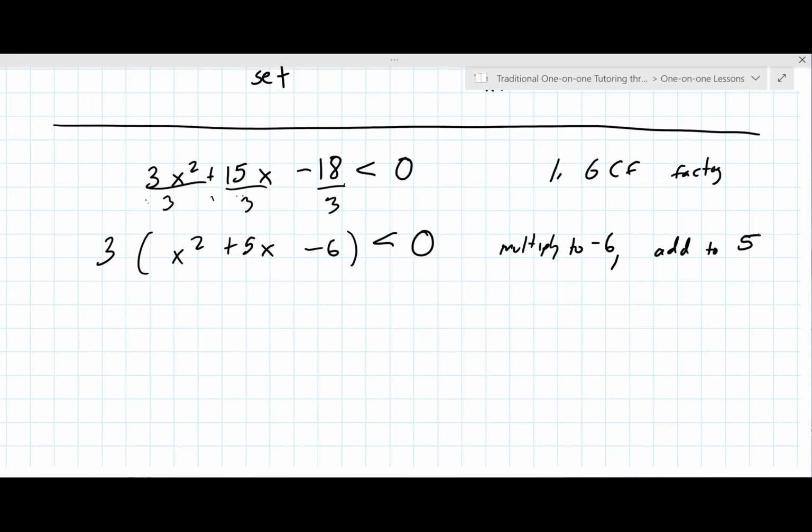All right, do you have those two numbers that multiply to minus 6 but add to 5? I'm still doing it. Take your time.